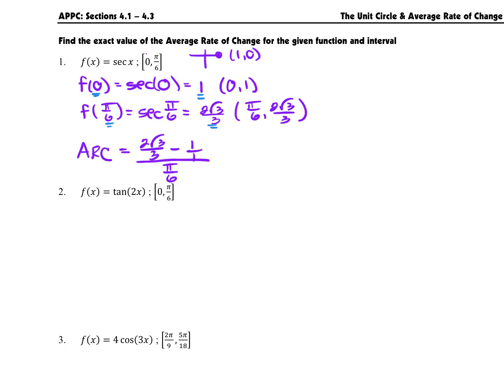Now, personal preference, I like to use the strategy where we make all of our denominators the same, so then they can all just cancel. So I need all of these denominators to be a 6. So I'm going to multiply 2 radical 3 over 3 by 2 over 2. This becomes 6 over 6. And of course, this denominator is already 6.